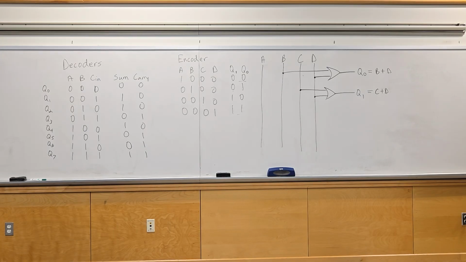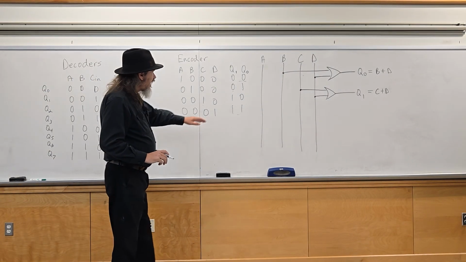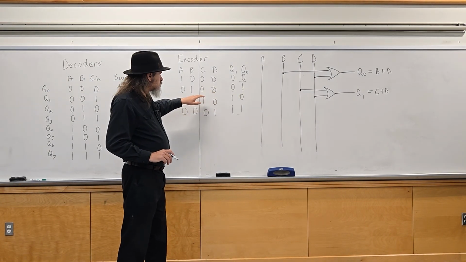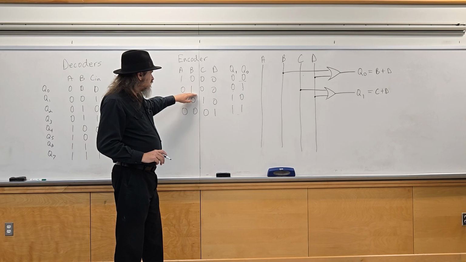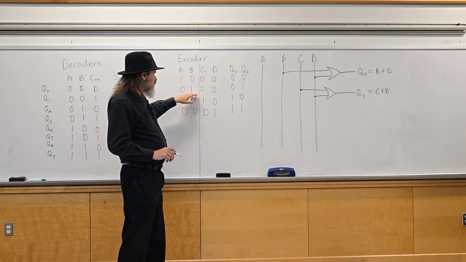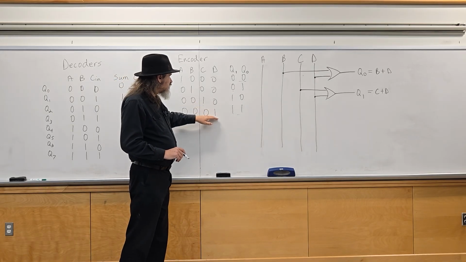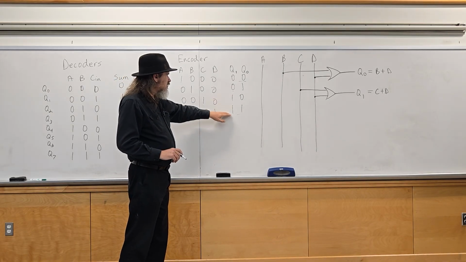You look at what combination indicates a high for that output. B or D for Q0, and C or D for Q1.